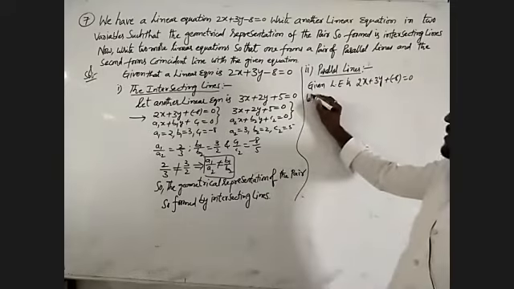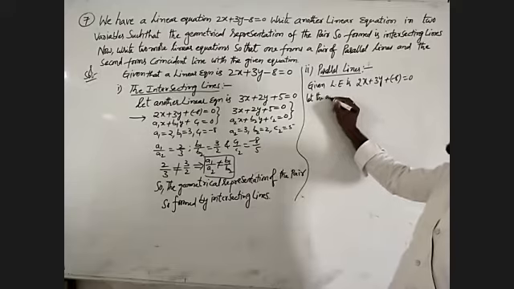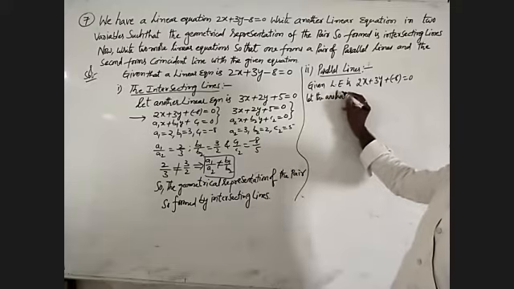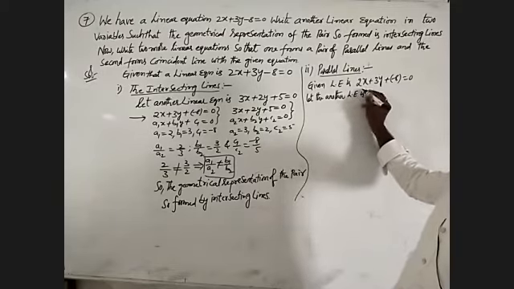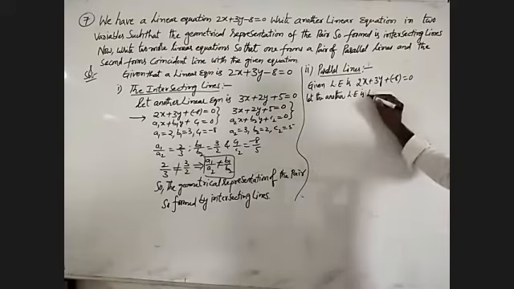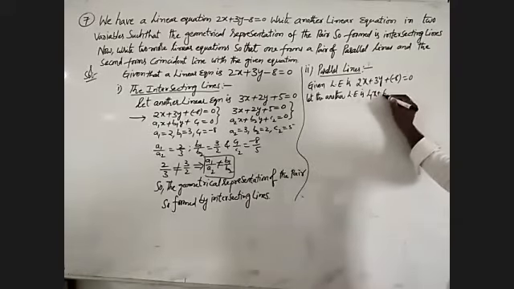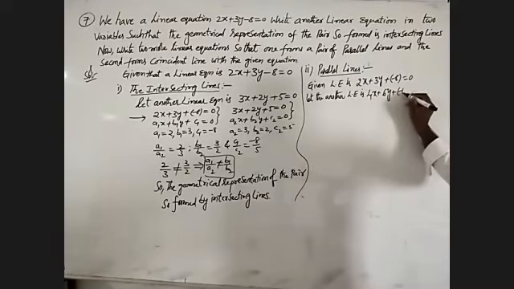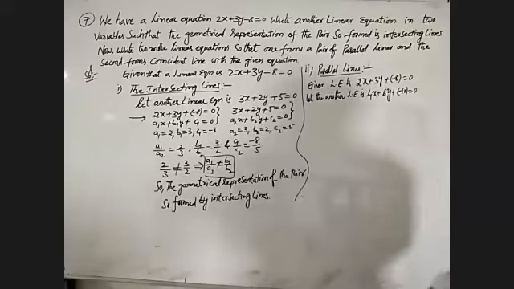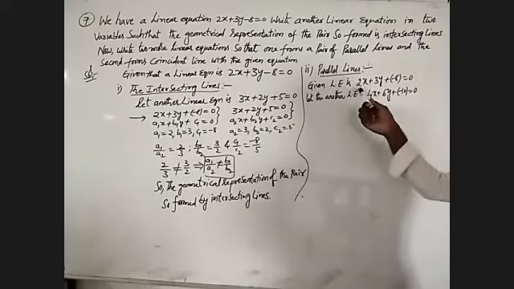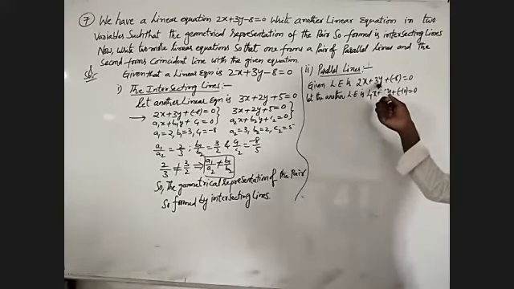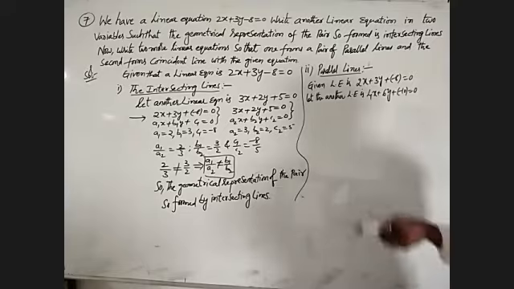Let the another linear equation we take be 4x plus 6y minus 10 becomes 0. Already we know that a1 is equal to 2, b1 is equal to 3, c1 is equal to minus 8.